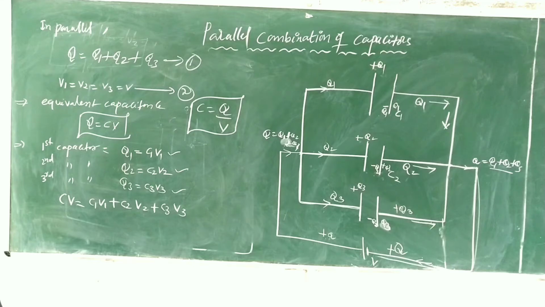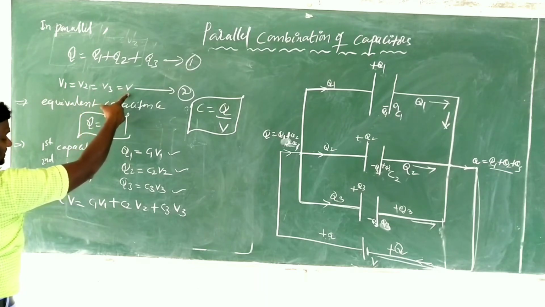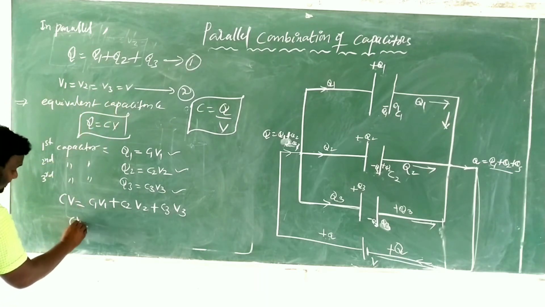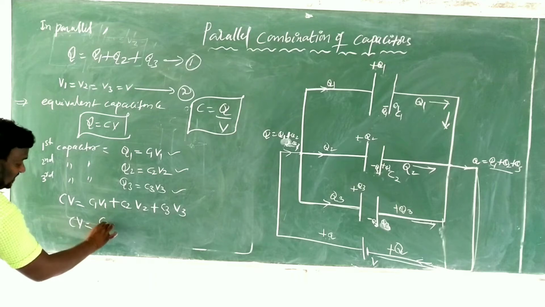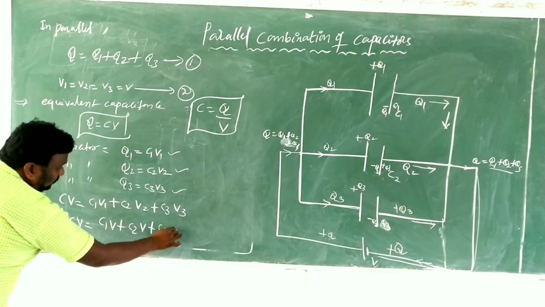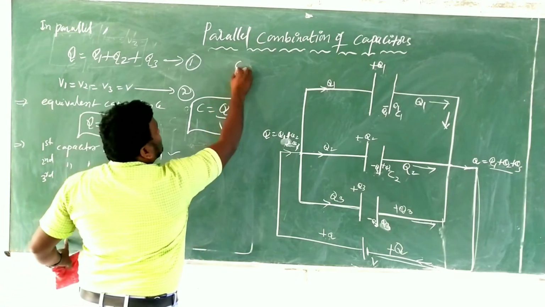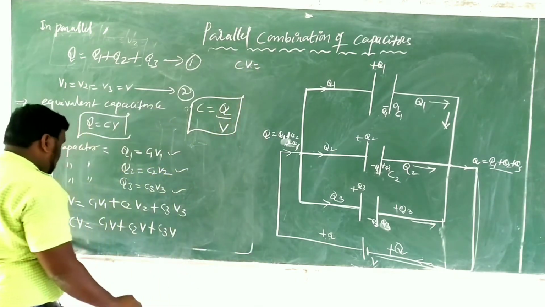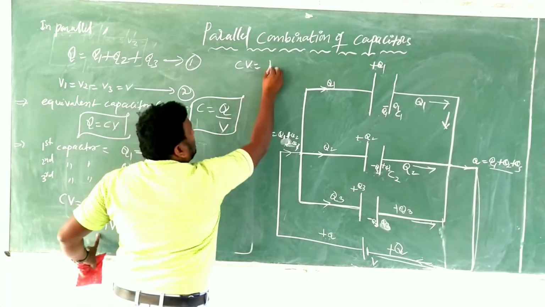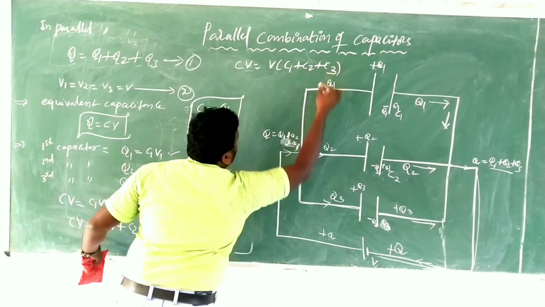So again, what I told you, in parallel combination V1 is equals to V2 is equals to V3 is equals to V. That's why I am simply writing CV is equals to C1 V plus C2 V plus C3 V. Then what you have to write? CV is equals to V into C1 plus C2 plus C3.